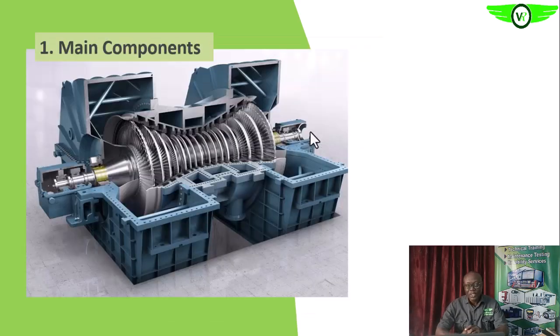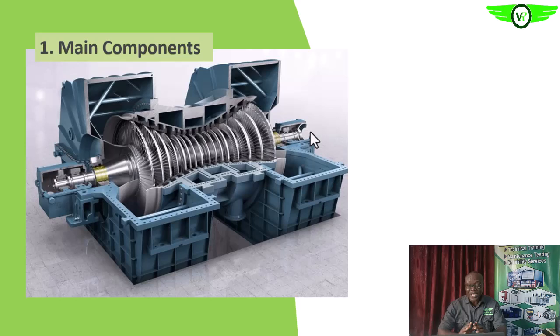So let us look at the major components of the steam turbine. What are the major components of the steam turbine? Like we said in our previous section, the steam turbine is actually a very simple rotating mechanical machine.